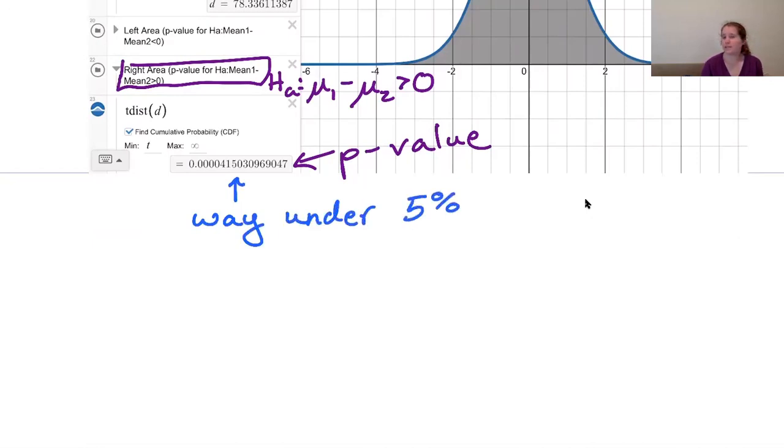So our difference in samples is extremely surprising.